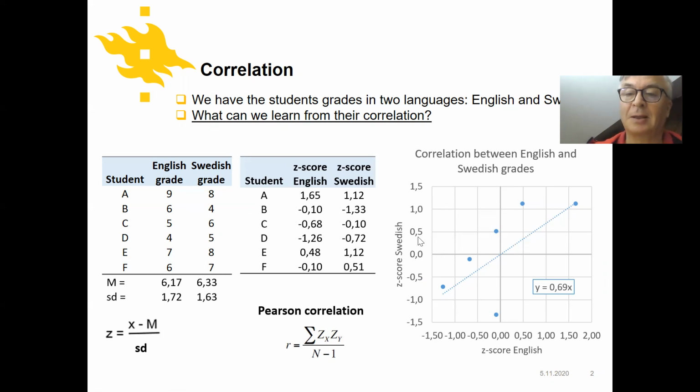Typically you would have high on both or low on both. It could have a negative correlation where the covariation would be such that being good in one thing would mean you would be bad in the other one. Possible.